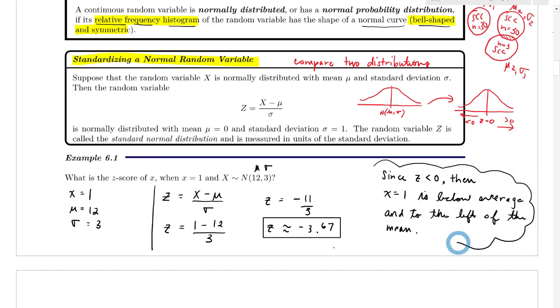Anytime the z-score is negative, it just means it's below average and somewhere to the left of the mean. In fact, if I went up here, it would be way over here, towards the tail end. So I took a distribution with a mean of 12 and standard deviation of 3, and then I standardized it.